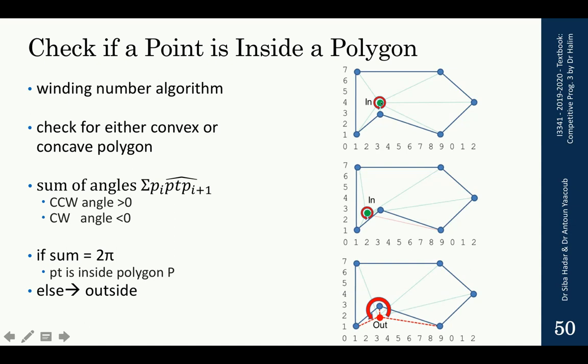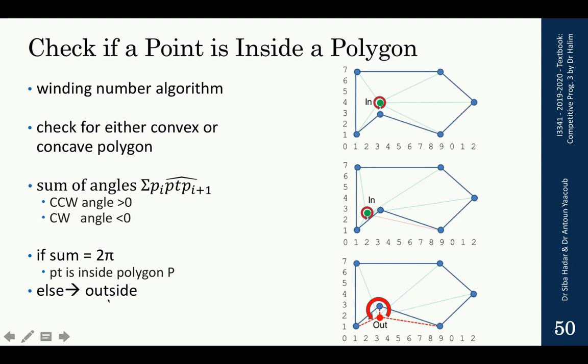So we take the given point and we take in turn every 2 consecutive vertices, and we check the angle P of i, point P, P of i plus 1. This angle P of i, P, P of i plus 1, we check it in turn, one angle after the other. If the sum of these angles is equal to 2 pi, we decide that the point is inside the polygon, else it is outside the polygon.